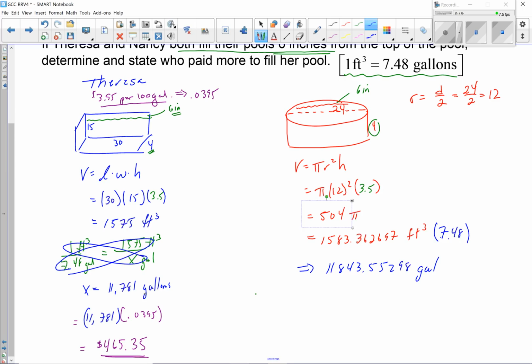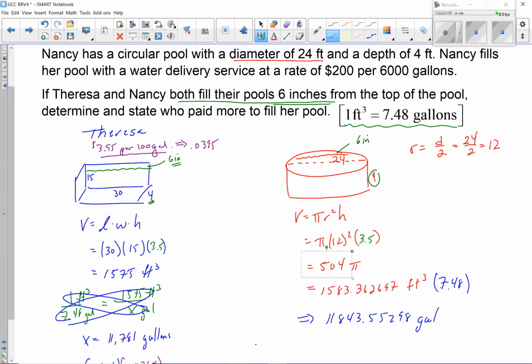Once again, just like we did over here, I take the gallons, I multiply by whatever the rate is. So in this case, Nancy, if we go back to the top here, she's got a rate of $200 per 6,000 gallons, right?